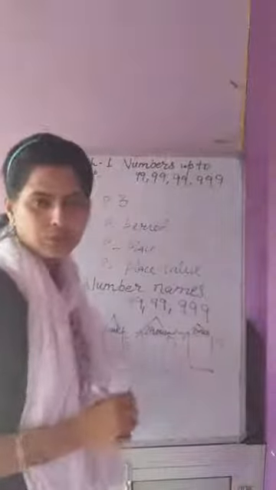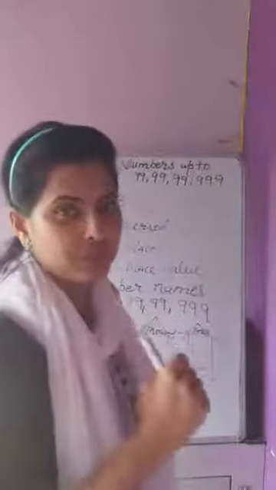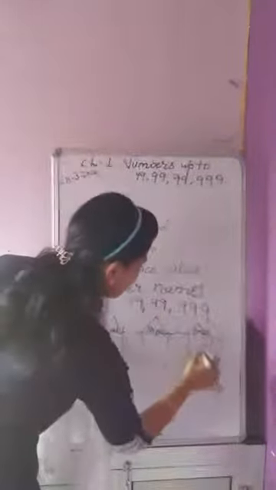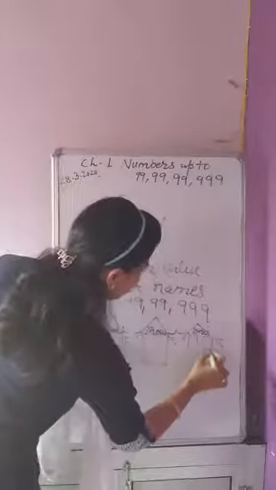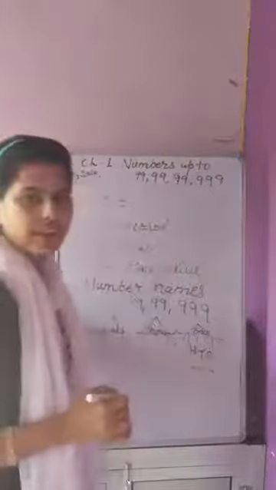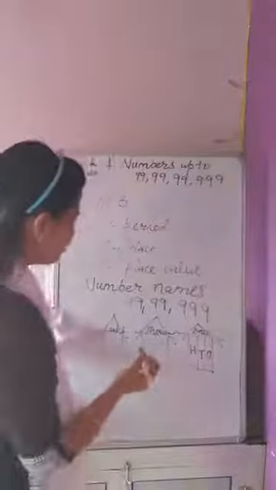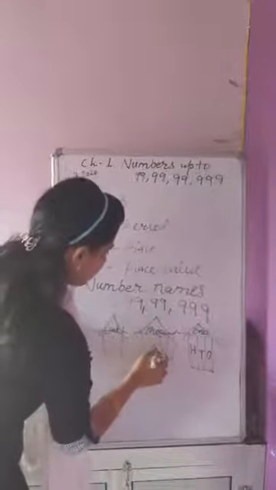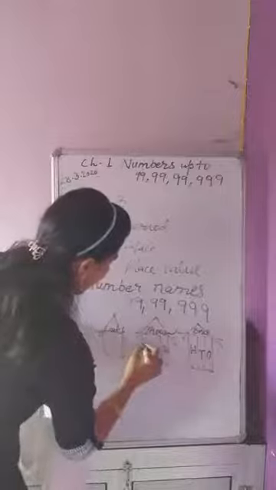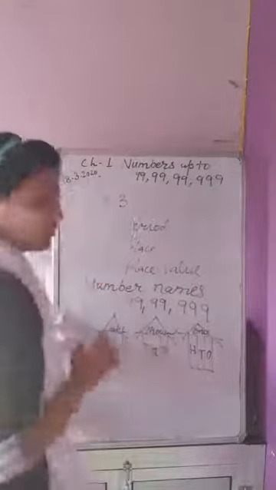In ones house, there are 3 rooms. First room is ones, second is tens, third is hundreds. In thousands house, there are 2 rooms, 1000 and 10,000.